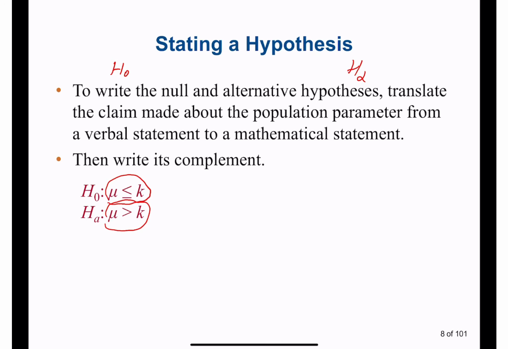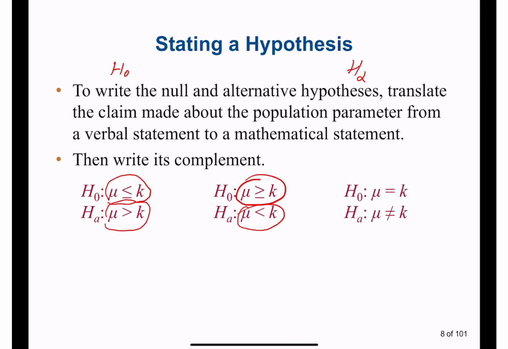Again, null hypothesis always carries equal sign. Next, null hypothesis, if greater equal k, then alternative will be less than k. And as you pay attention, null hypothesis carries equal sign, alternative does not.